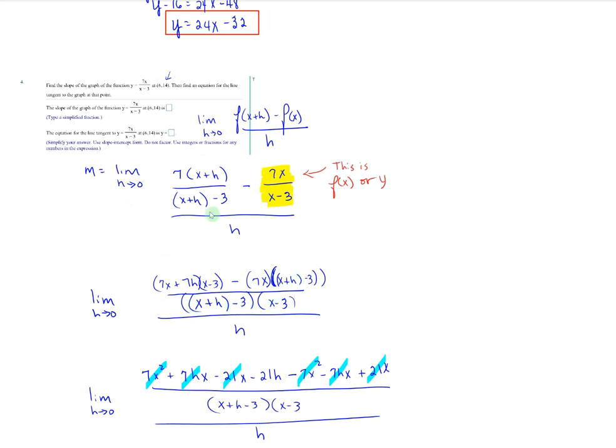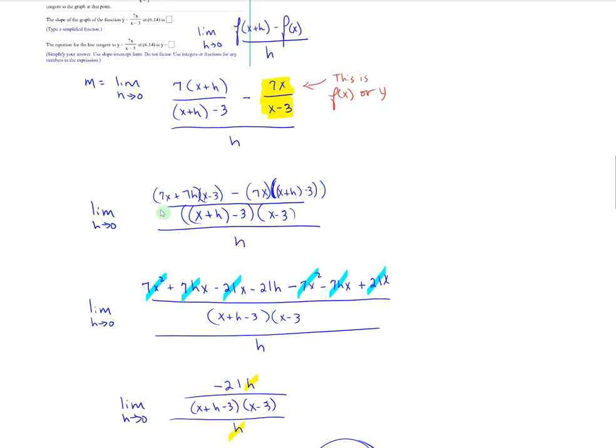So we're multiplying this piece times that numerator, and this piece times that numerator, with that as a denominator. Now we can start cleaning up. We've got 7x squared, plus 7hx minus 21x minus 21h. So that was multiplying all of that, and that's what we have here.